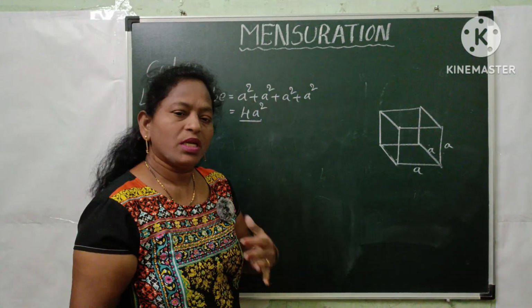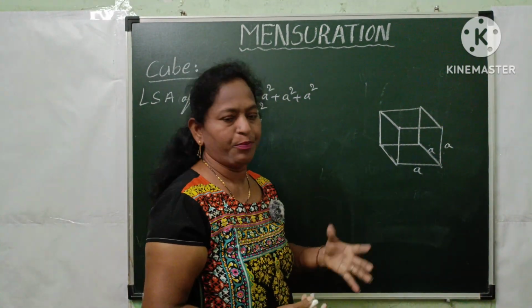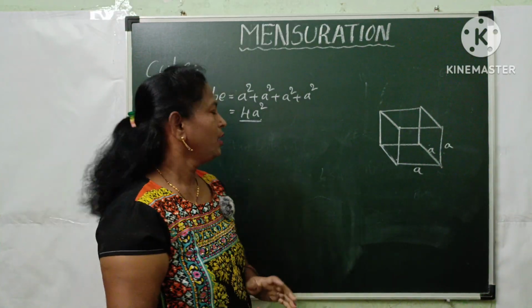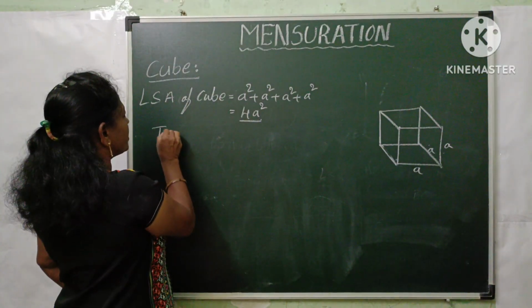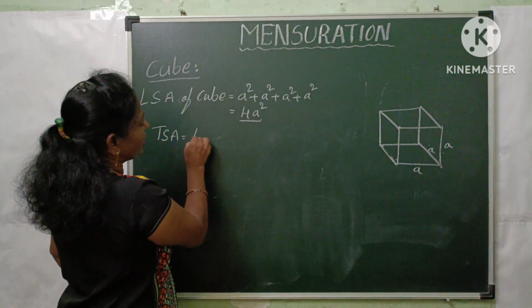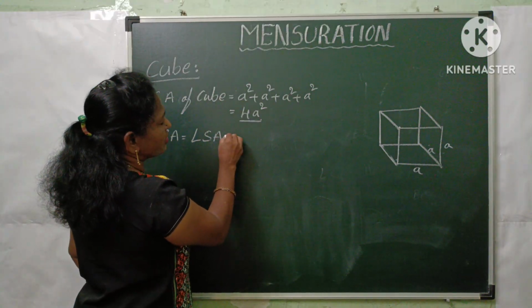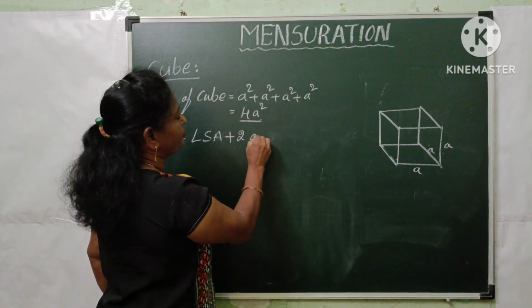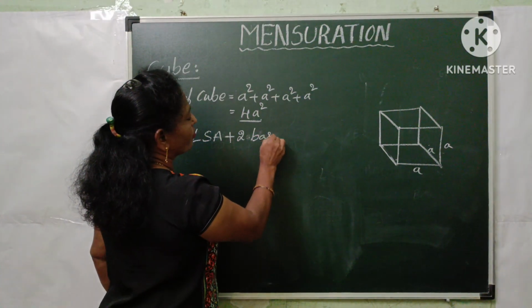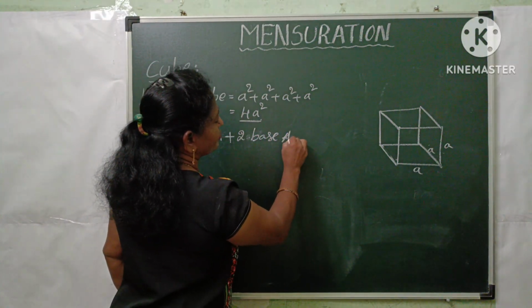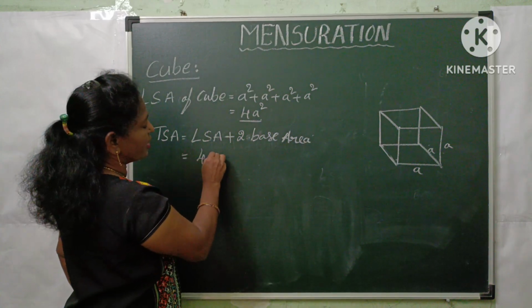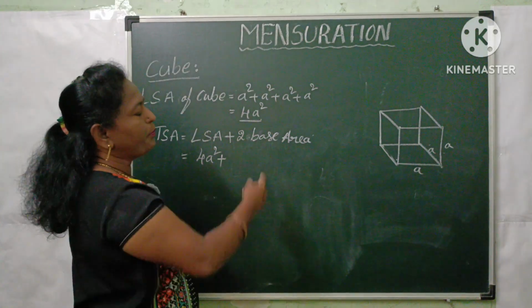Next, total surface area of the cube. Same, we have to add top and bottom areas. That means TSA equal to lateral surface area plus 2 into base area. LSA means 4A square plus base area.